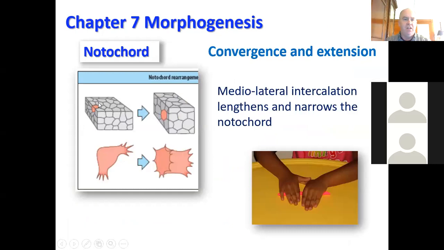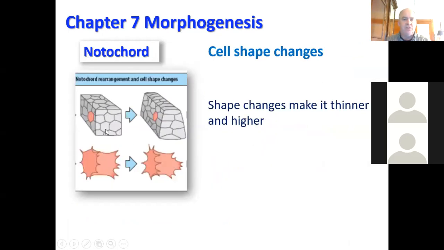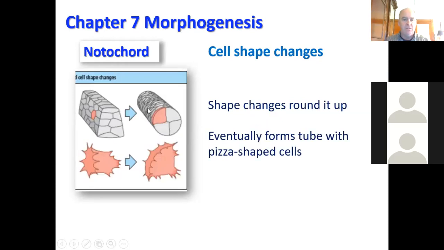This is kind of that first picture. And then the cells intercalate, and it gets longer, and they change shape. And then the cells change shape again, and it becomes kind of this shape thing. And then it continues to change shape.